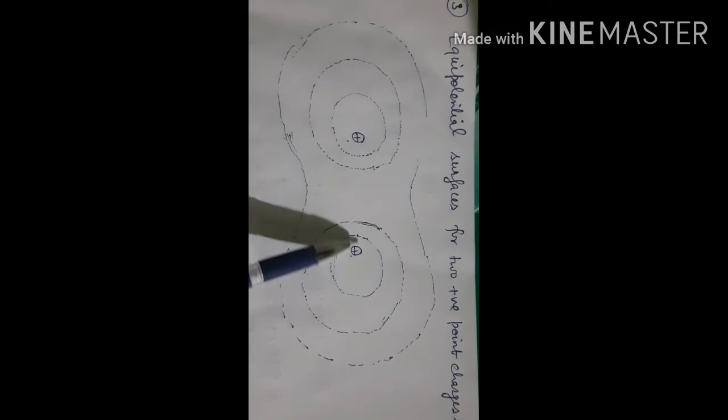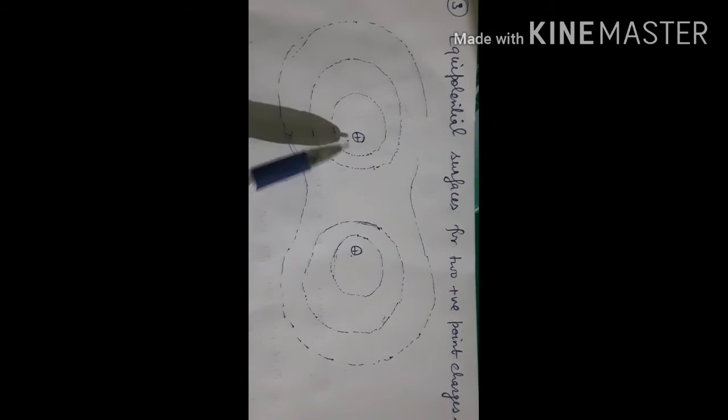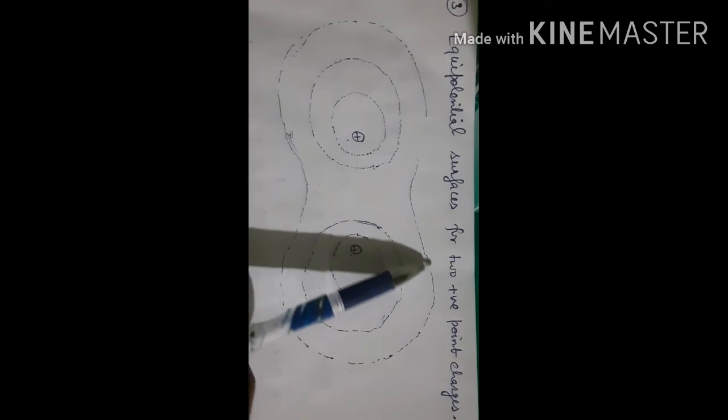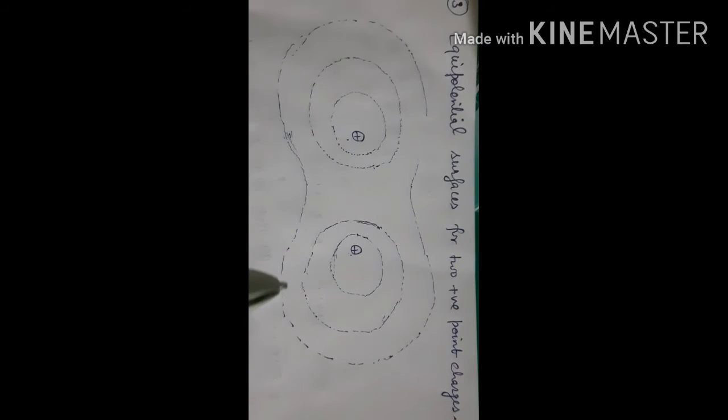Similarly, for this one also, because of the presence of this charge, it becomes nearer to this one and broader at the far end. And one more equipotential surface exists, which joins both the charges together. So this is also an equipotential surface. So these are the equipotential surfaces for the case of two positive point charges.